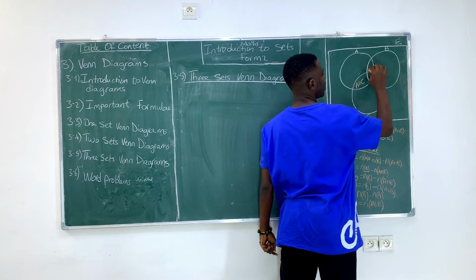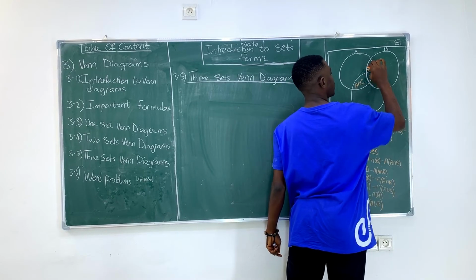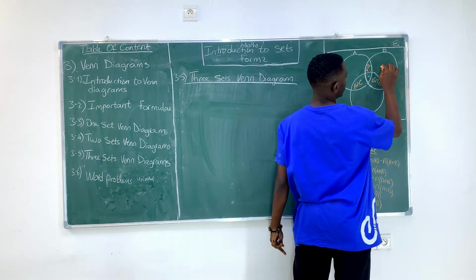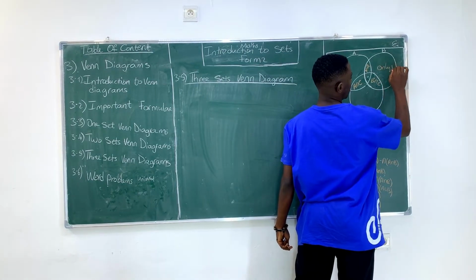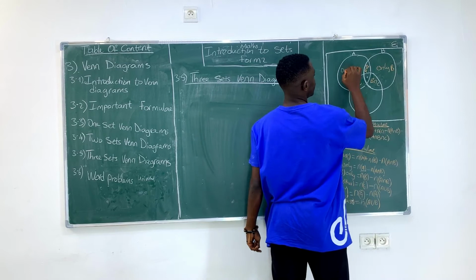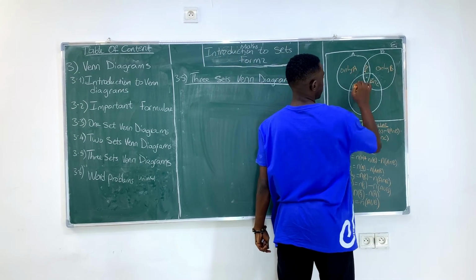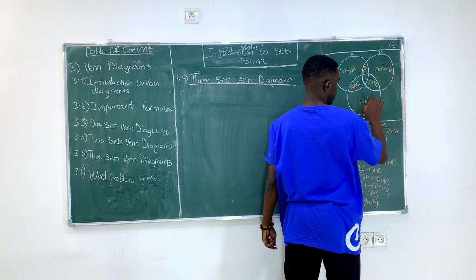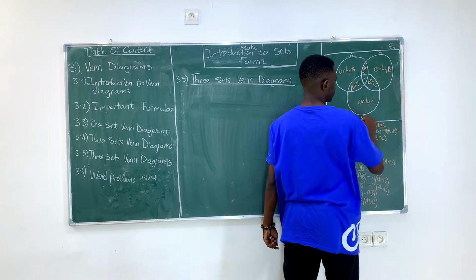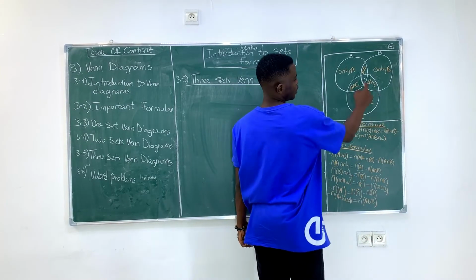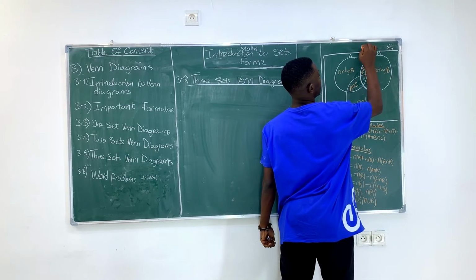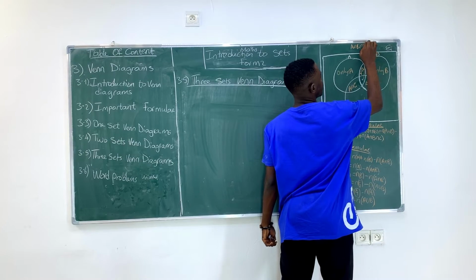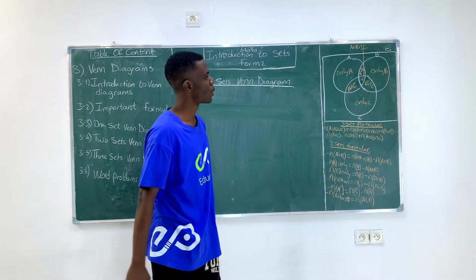Here you have A intersection B only. Here you have only B. Here you have only A and only C. So here I cannot write it, but it is A intersection B intersection C.